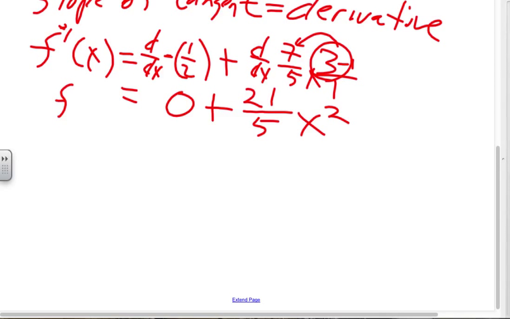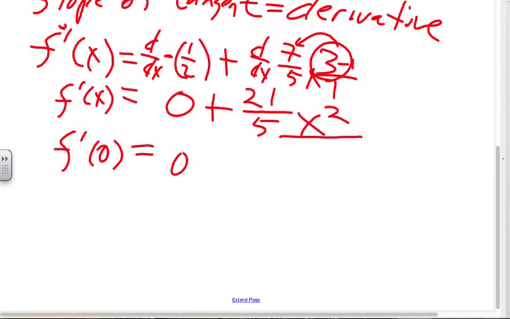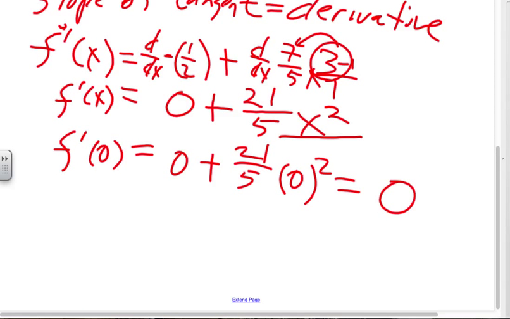That is my derivative. So to find the slope at a point, in this case, because we're dealing with the point 0, negative 1/2, I want to find f prime of 0, which means I plug 0 in for this. So I get 0 plus 21 over 5 times 0 squared, which is 0.